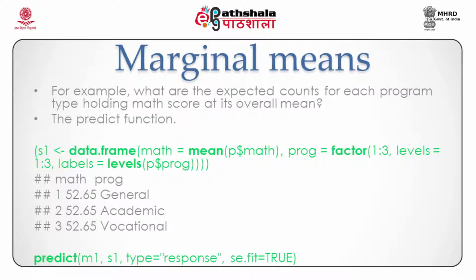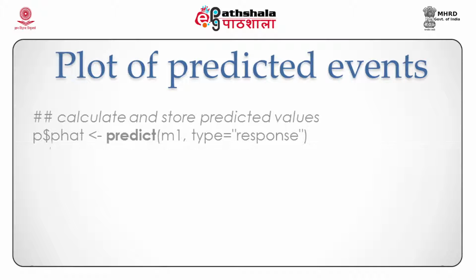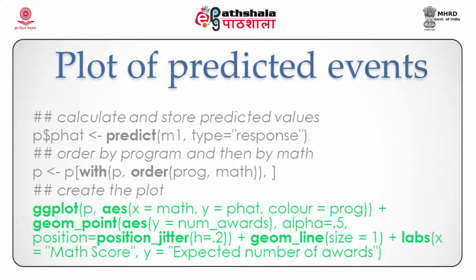The results are as given on this slide. So you can see here the predicted number of events for level 1 of the program is about 0.21, holding math at its mean. For level 2 it's 0.62 and for level 3 it's 0.31. If we take the ratios of these predicted counts, it matches what we obtained before using the incidence rate ratios. We could also do a plot of the predicted events.